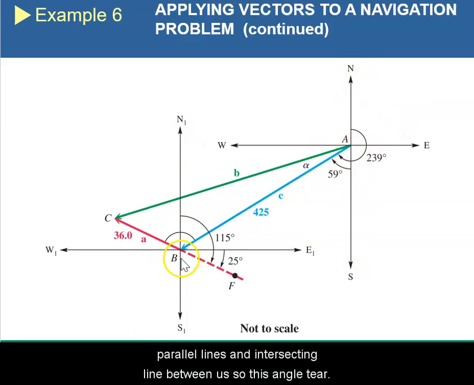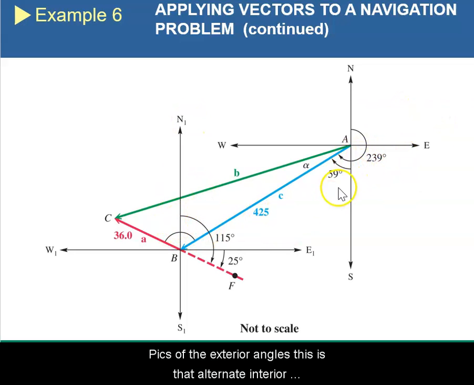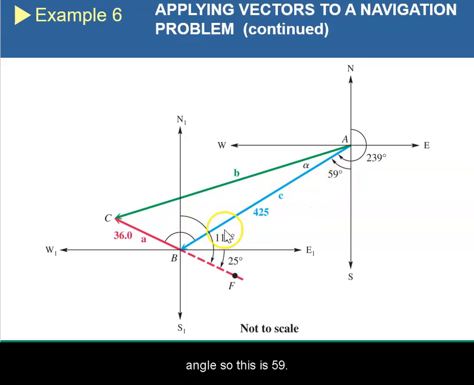This 59 is equal to this angle here, N1BA, because you have two parallel lines and the intersecting line, so these are alternate interior angles. From here to here is an interior angle, and this would be exterior angles. This is that alternate interior angle. So this is 59, and this is 59 as well.